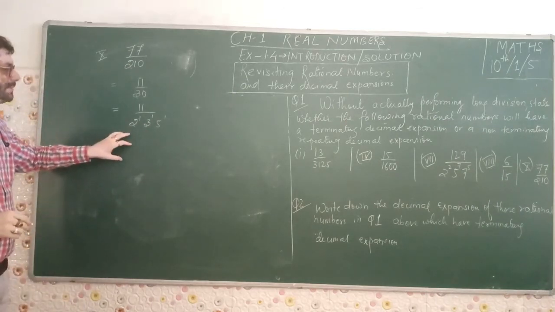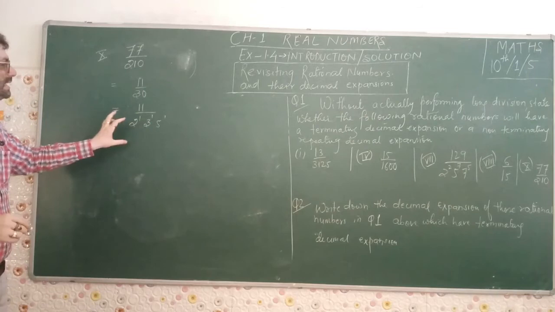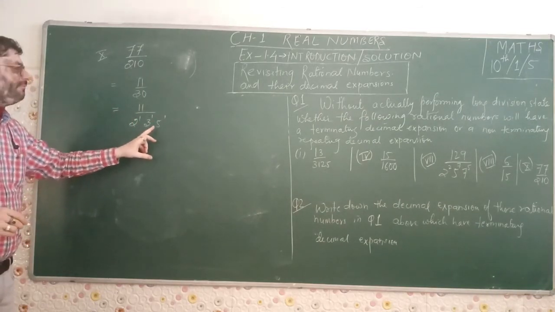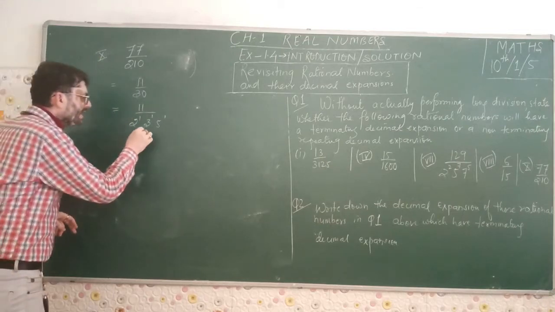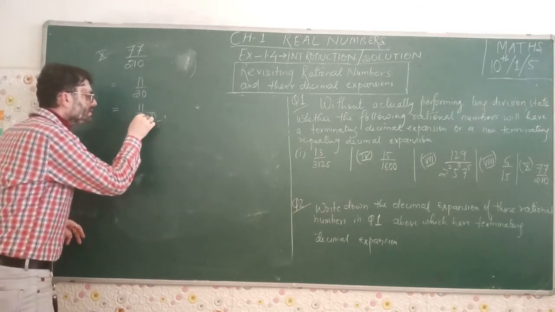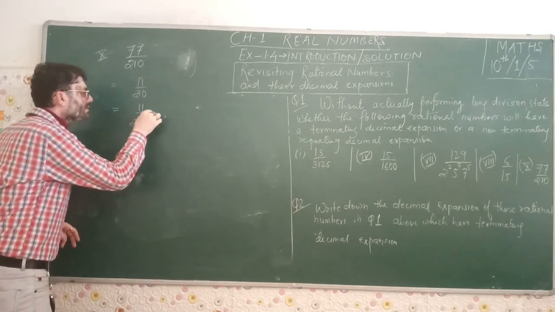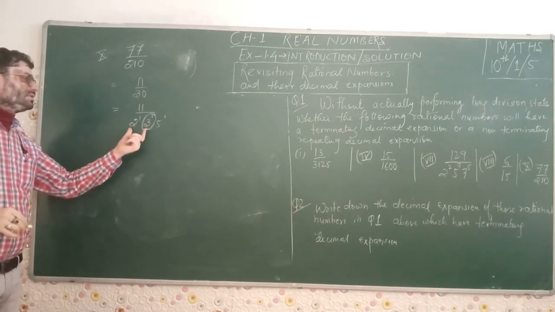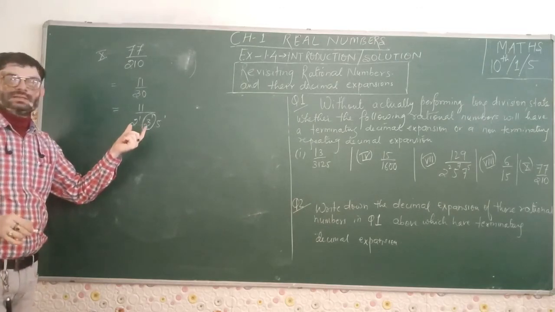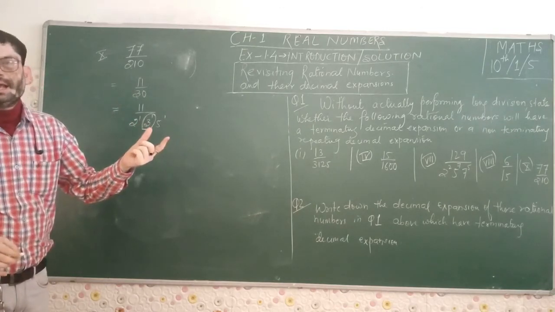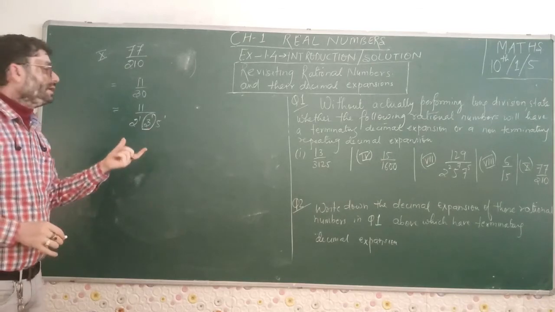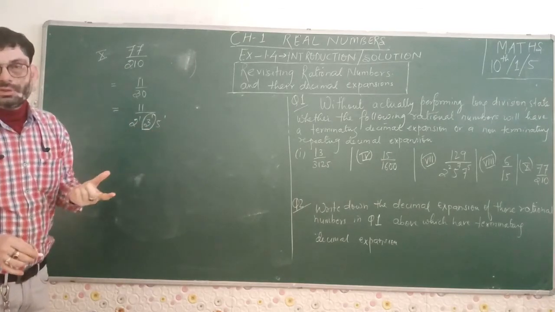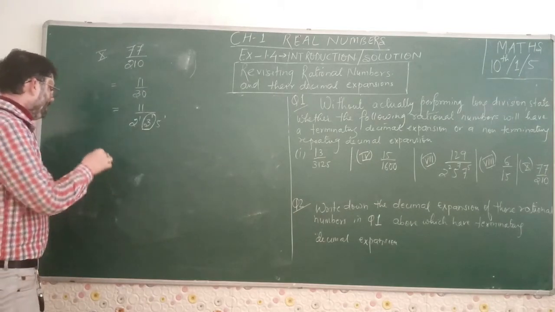Observing the denominator, if we clearly see, the denominator is not of the form 2 to the power n, 5 to the power m, because there is an extra prime number which is in a multiplication form with 2 and 5, which denotes that this decimal expansion will be a non-terminating and repeating decimal expansion, because Q is not of the form 2 to the power n, 5 to the power m.